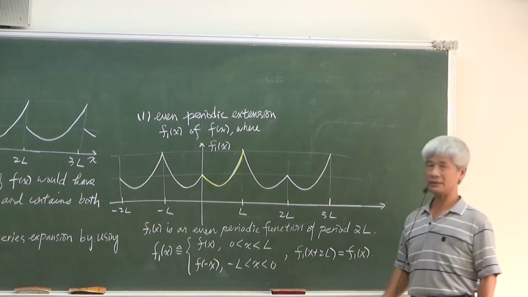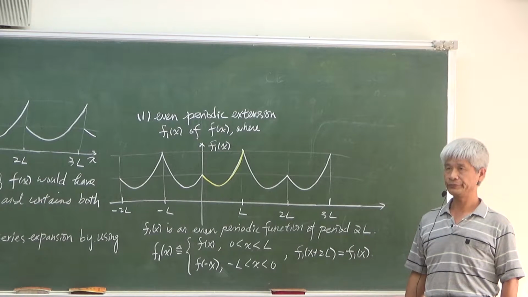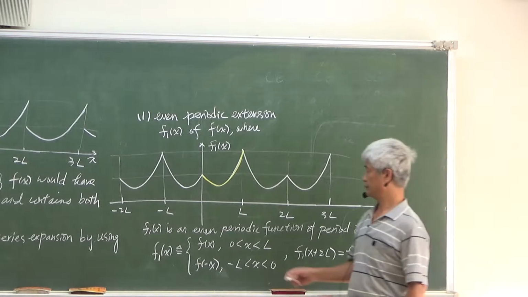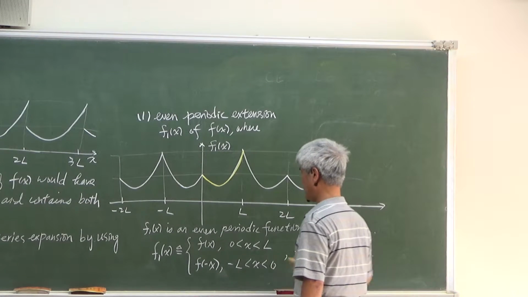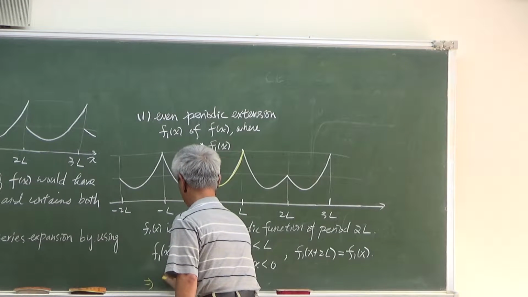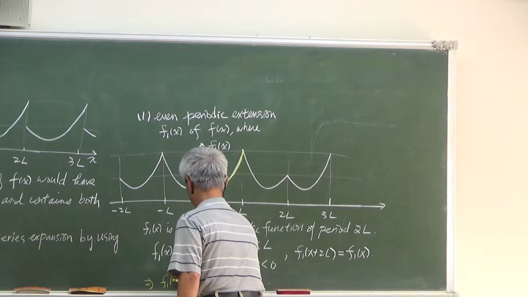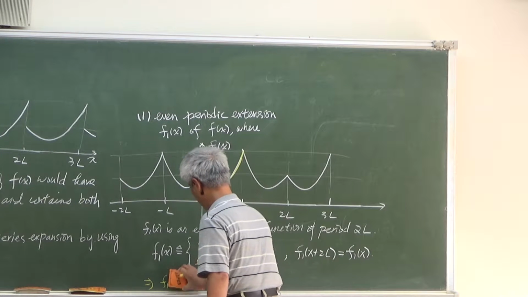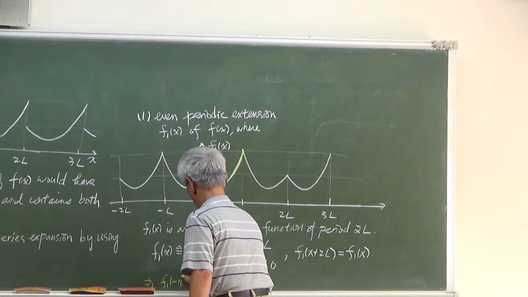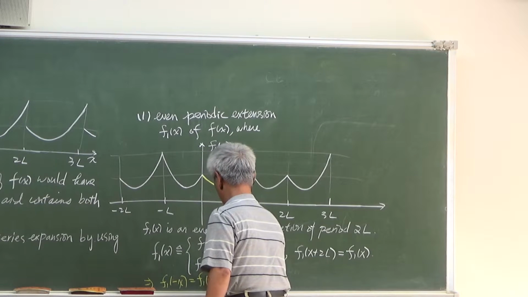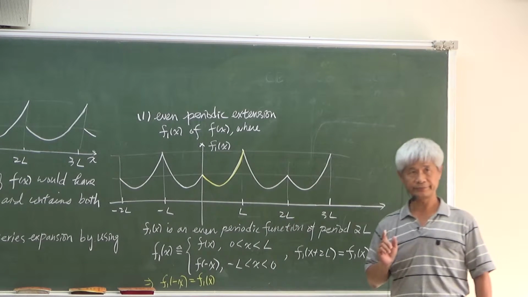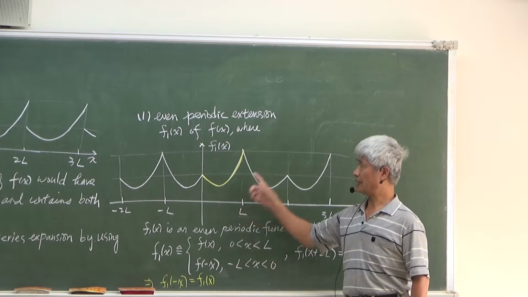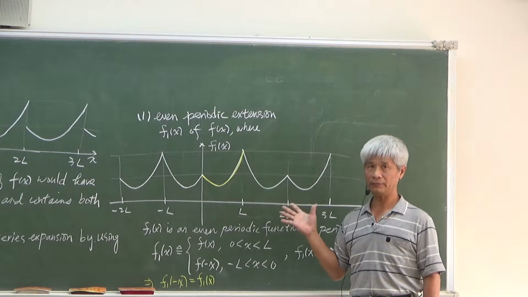So f1(x) is defined this way. So this implies that f1(-x) is equal to f1(x). So by this definition, f1 is even. It's an even periodic function.